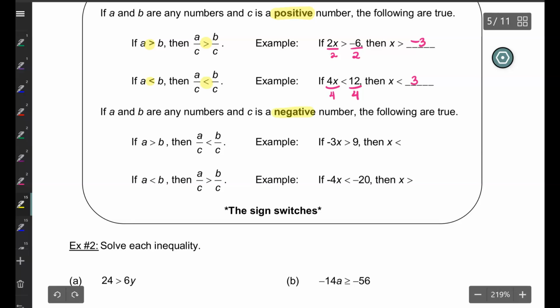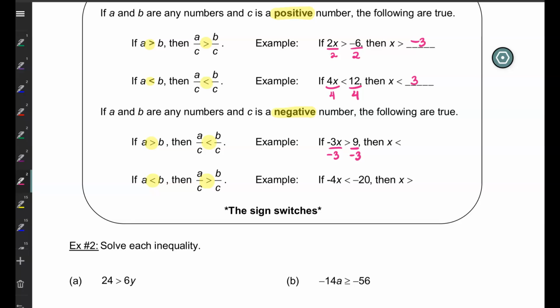However, if you have a negative number, if it starts out as greater than and you divide both sides by a negative, the sign switches to less than. If it's a less than and you divide by a negative, the sign switches to greater than. So here I'm going to divide both sides by -3. Just like when we multiply by a negative, when we divide by a negative, it also changes.